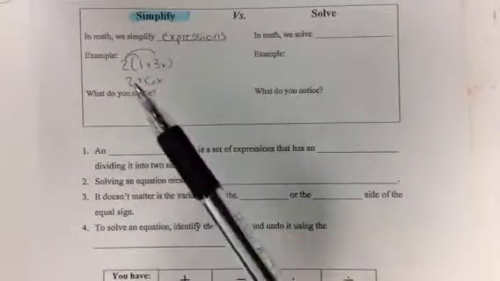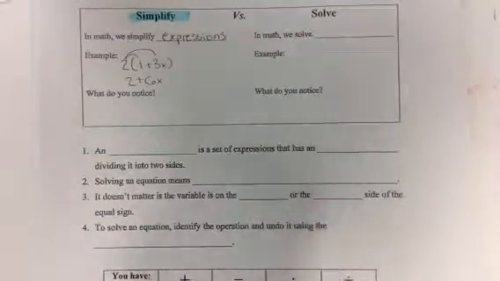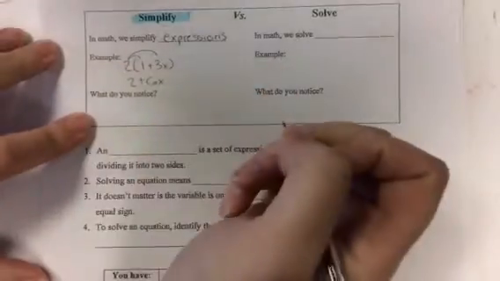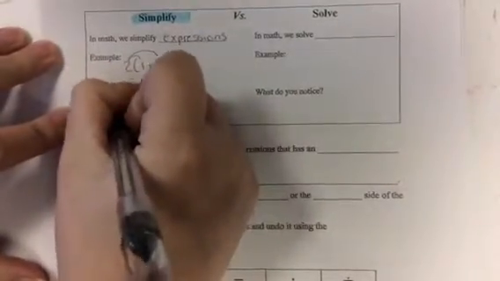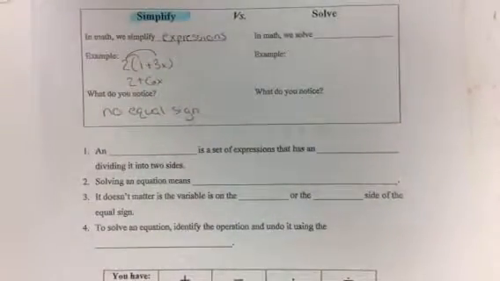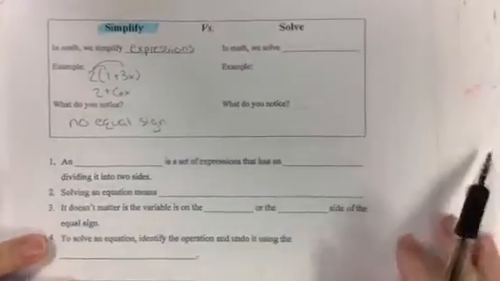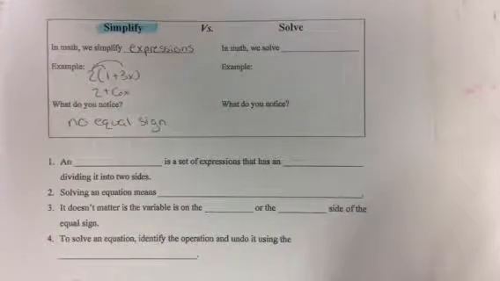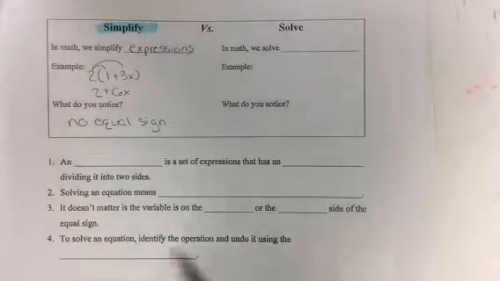What's one thing that you notice about expressions? Well, something that they don't have is an equal sign. So expressions have no equal sign. In contrast to that, we have something called equations. Now, an equation will have an equal sign, and you're going to know that because the word equal is part of the word equation.